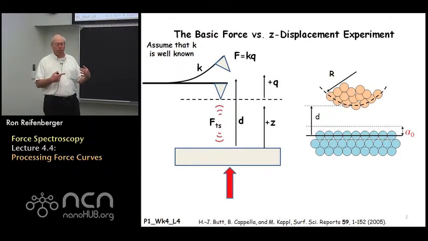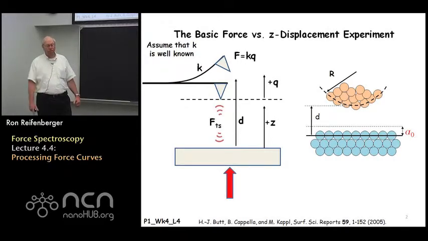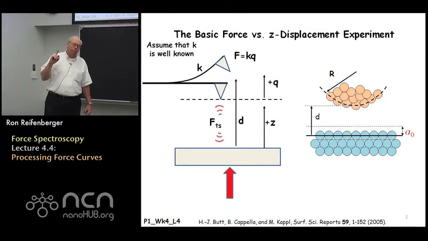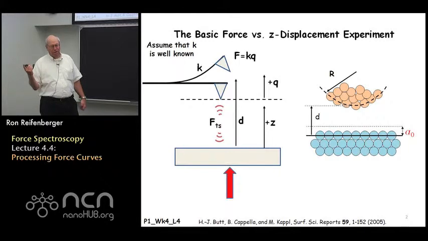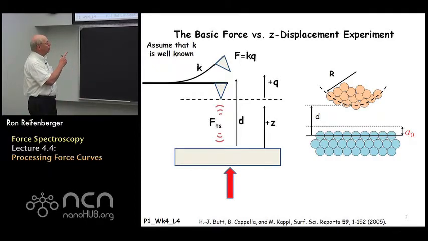So it's always important to be able to go from d to z, and the way to do that is by measuring q. So that's the fundamental point of the force versus z-displacement experiment. The other important parameter that you always have to keep track of is this interatomic spacing parameter A0, that's indicated in the right-hand corner of this chart.